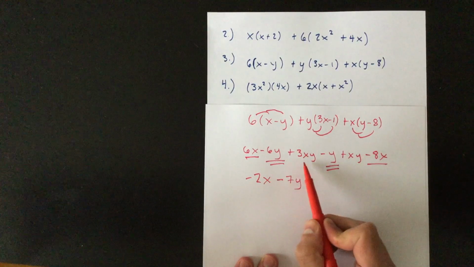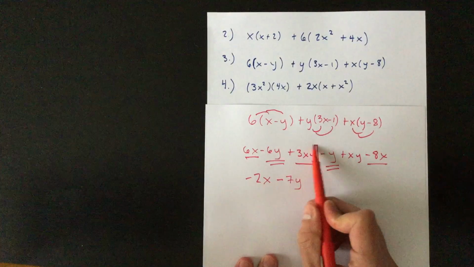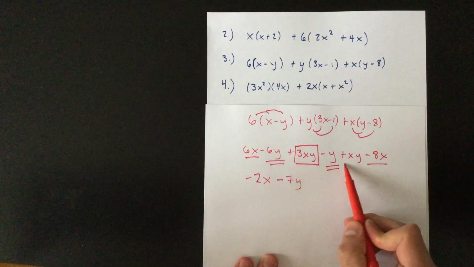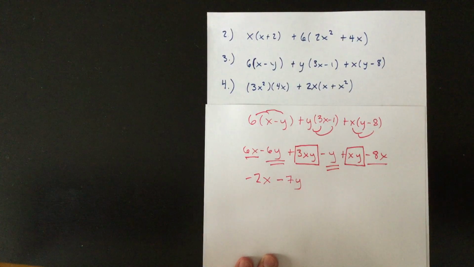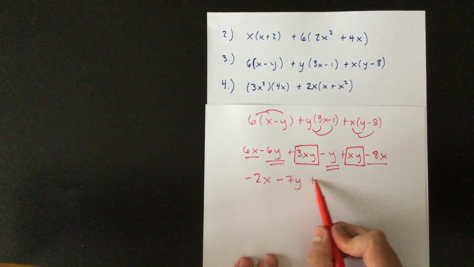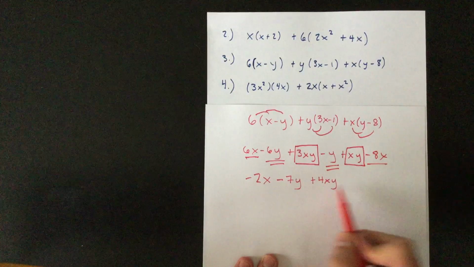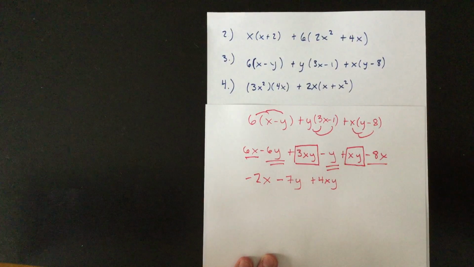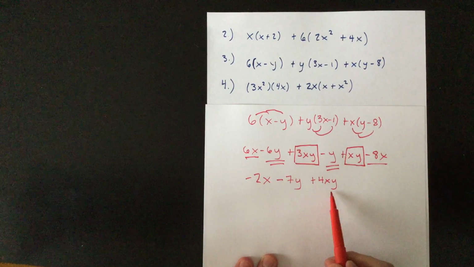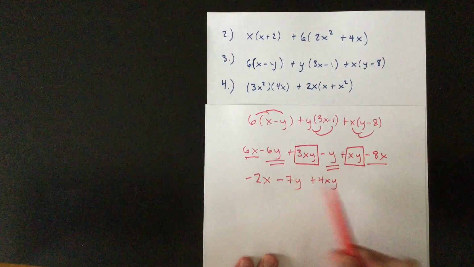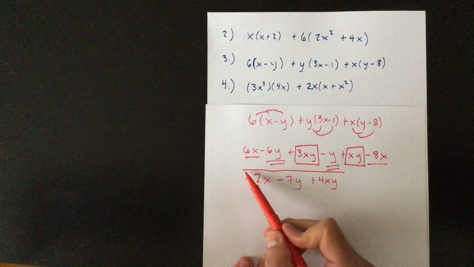And then lastly, I've got these two right here. 3 xy's plus one more xy is 4xy in total. And at this point, I'm done. There are no more like terms. There isn't another term with just an x, there isn't another term with just a y, and there isn't another term with an x and a y. So, there we go. Moving on.